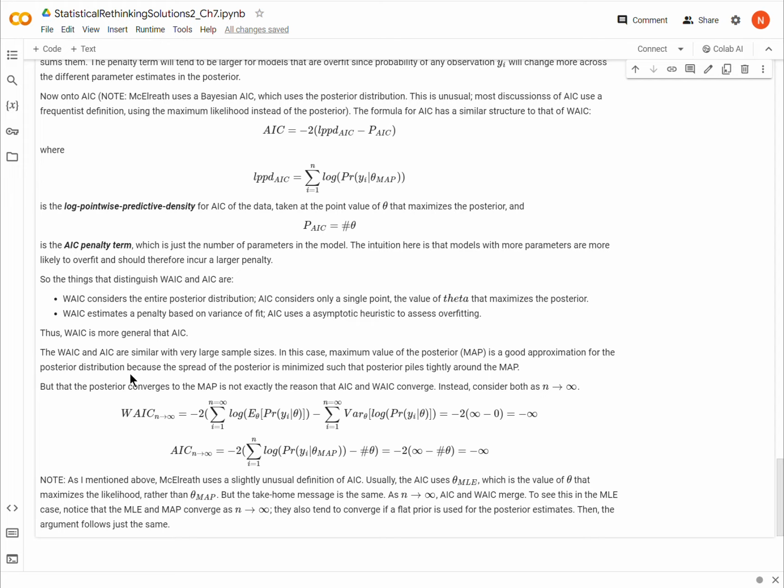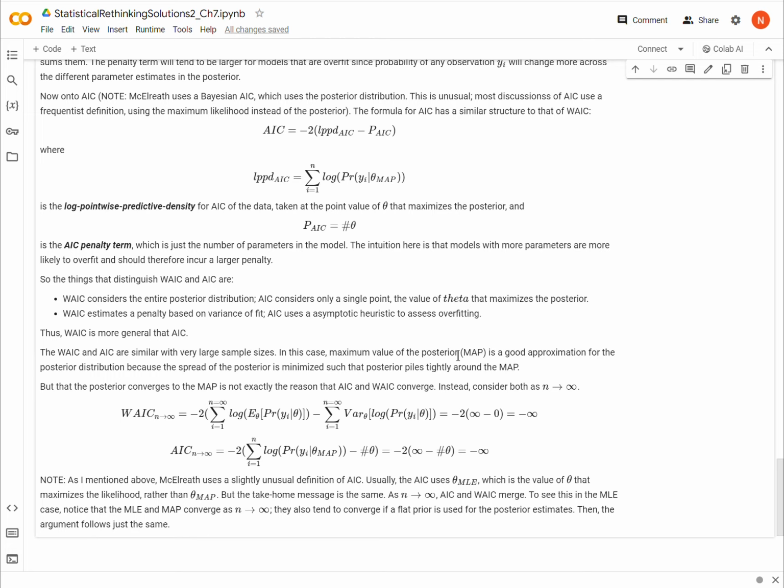Okay. So let's talk about why this is. The first thing to recognize is that when we have a very large sample size, the posterior distribution piles up around the MAP value, right? So the means are going to be the same.